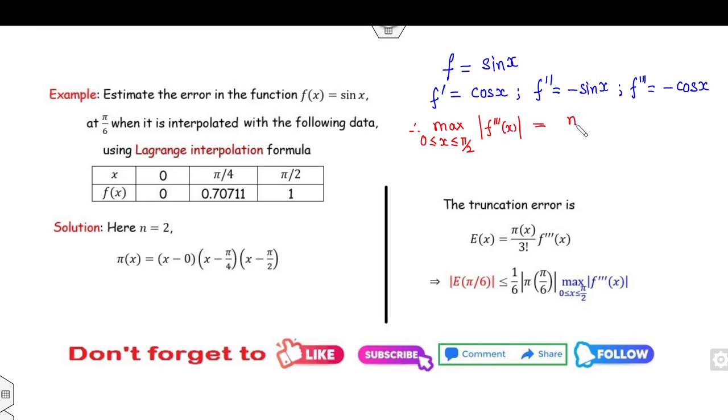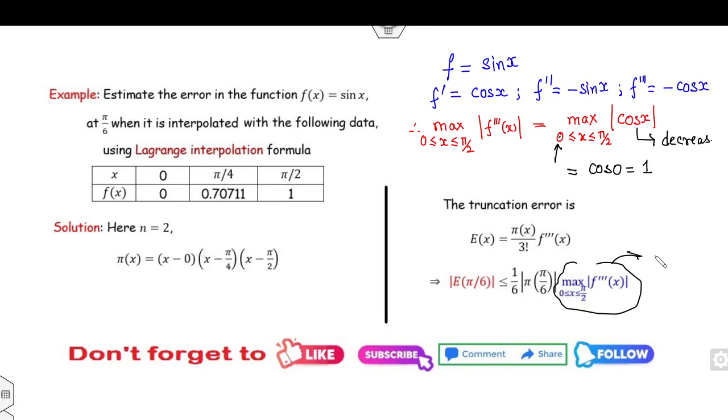So that will be the maximum for x from 0 to pi by 2 of its absolute value, cos x. Fine. And we all know cos x is a decreasing function, and since it is a decreasing function, the maximum value occurs at the lower limit. So cos 0 is 1. So this answer is 1.